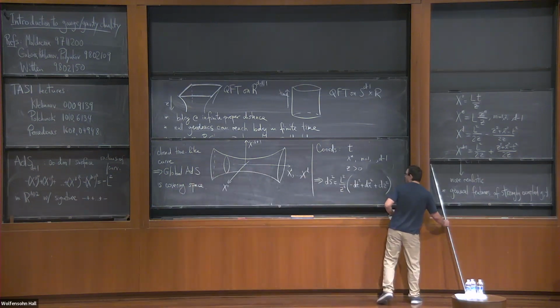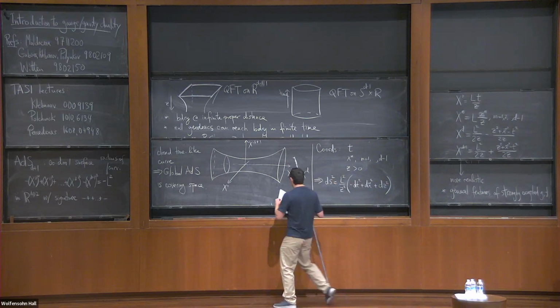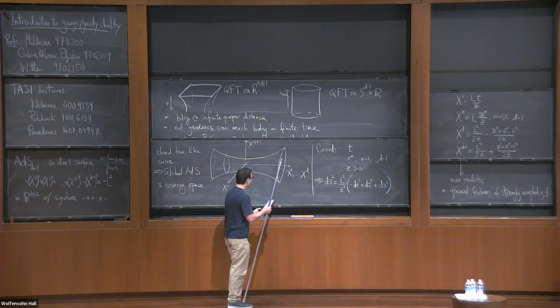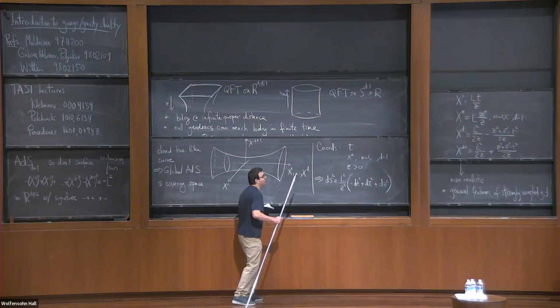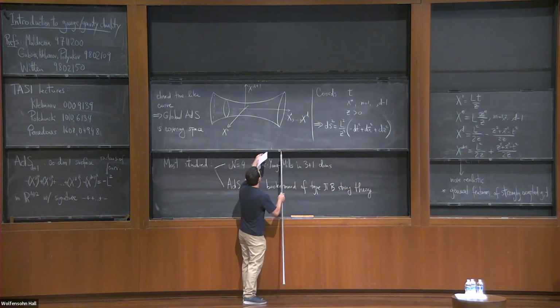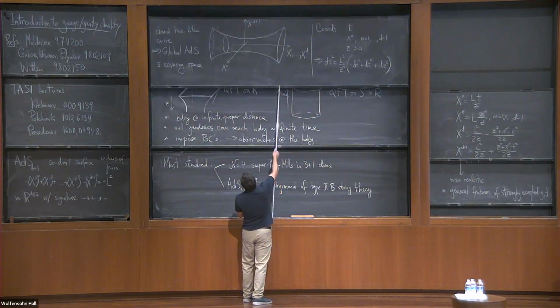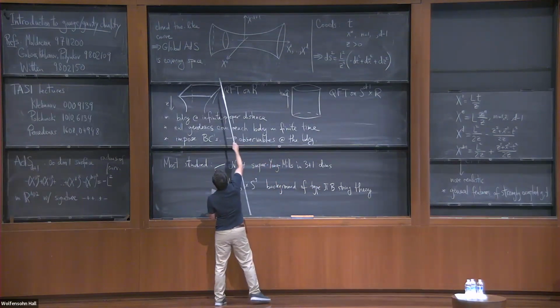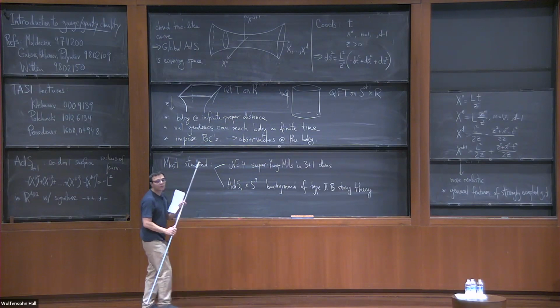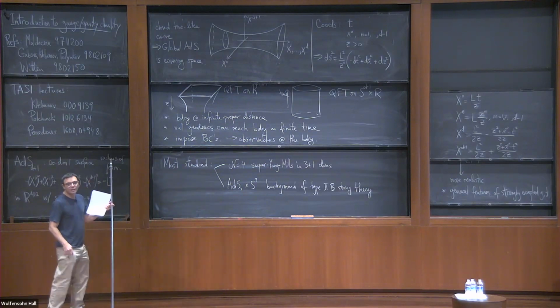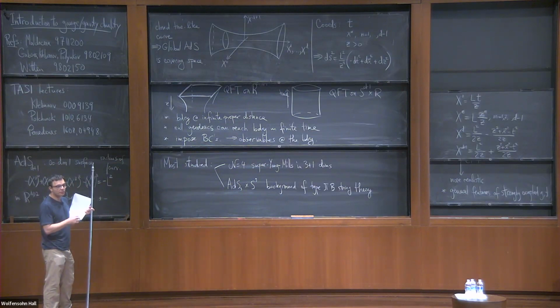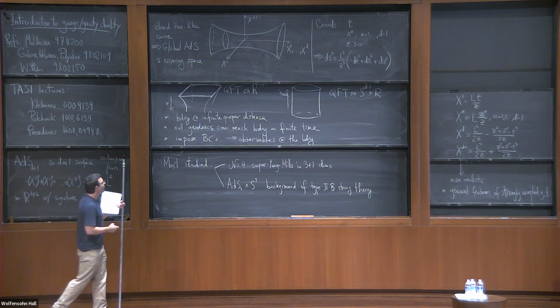By the way, these coordinates do not parameterize the entire covering space of the hyperboloid. They actually don't even parameterize the entire hyperboloid. They parameterize only half of it. How do we see that it's only half?